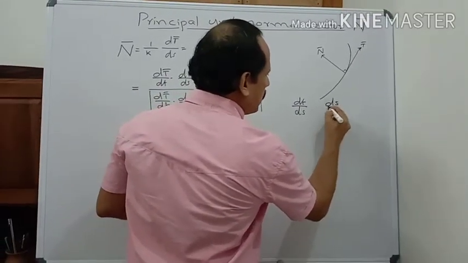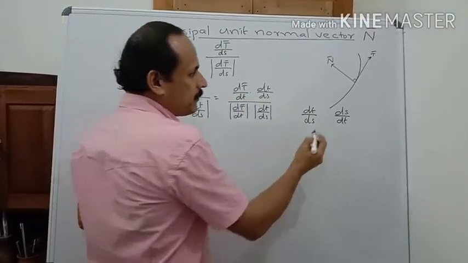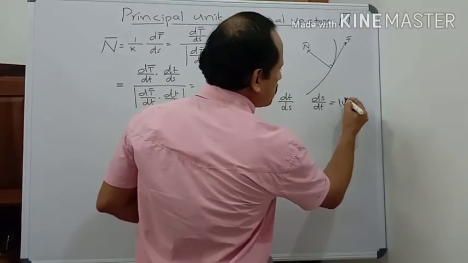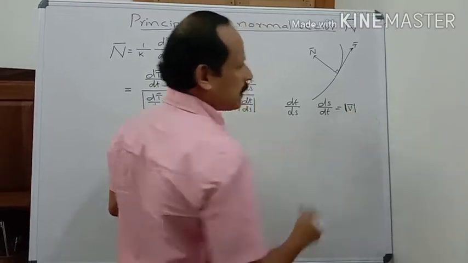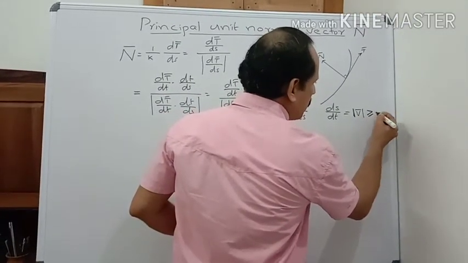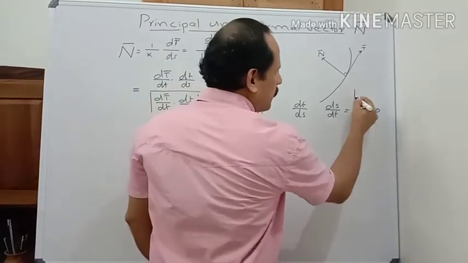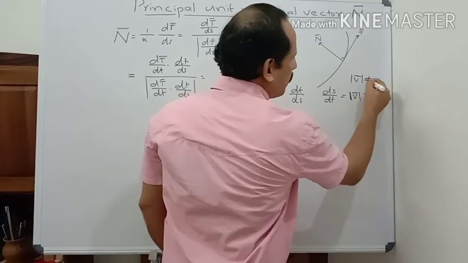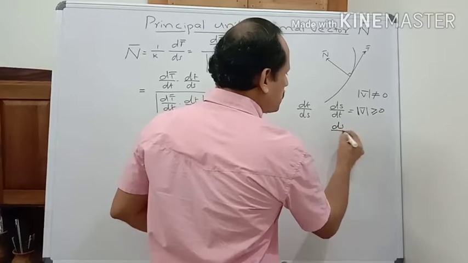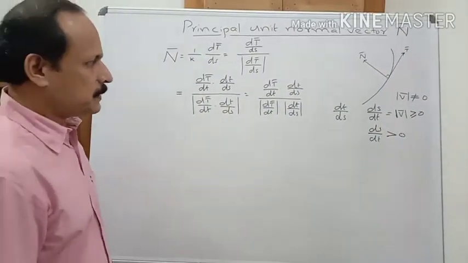You consider first ds by dt. The derivative of arc length parameter with respect to the parameter t is the modulus of the velocity vector or speed, and this is always greater than or equal to 0, but for a smooth curve mod v bar is never 0. Therefore here we get ds by dt is always positive for a smooth curve.